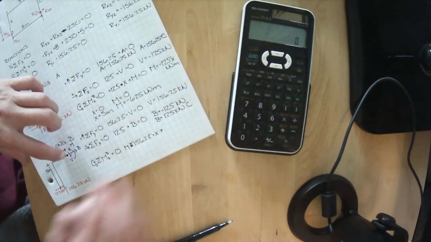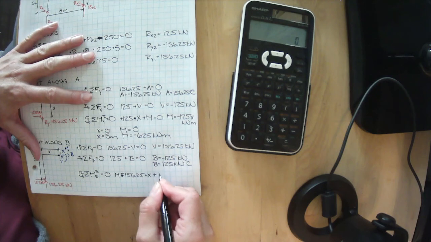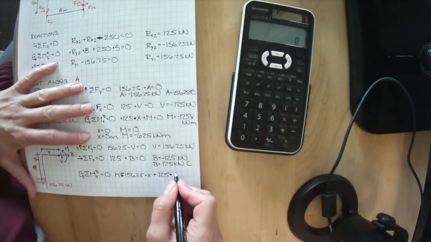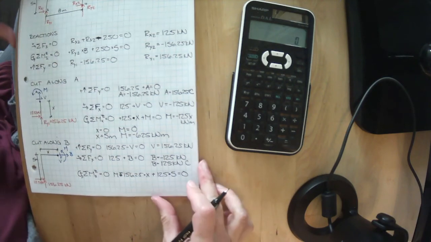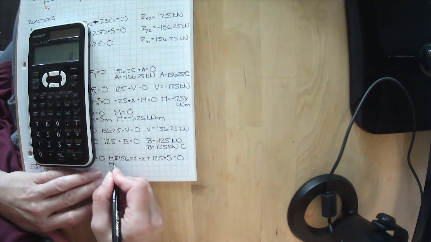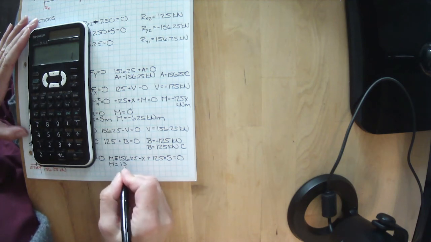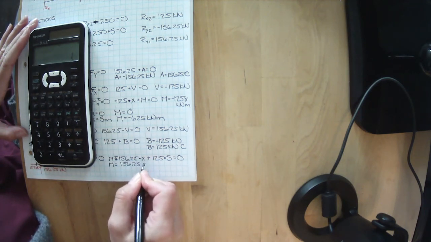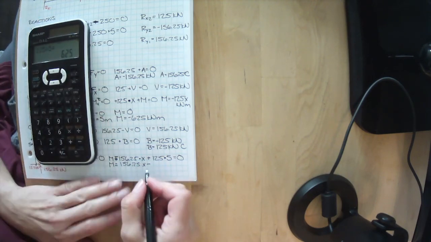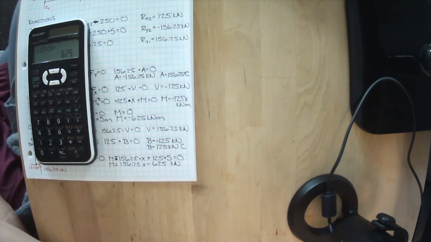Plus my 125 kilonewtons, which is spinning it in that direction, which is positive. And it is happening 5 meters away. So we can rearrange this, and we get M equals 156.25x minus 125 times 5, or 625 kilonewton meters.